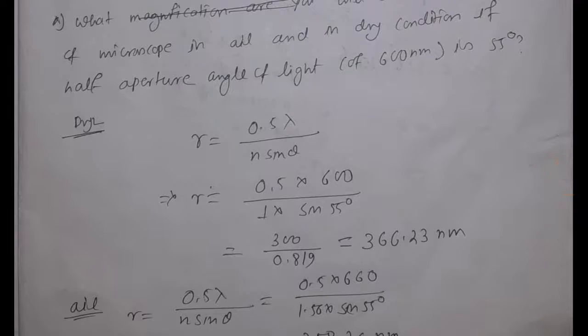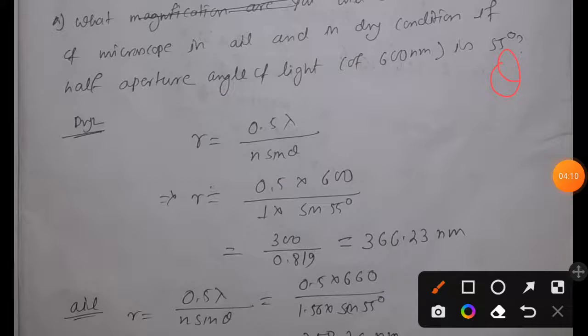And this is the aperture angle theta. According to the limit of resolution, 0.5 lambda by n sin theta. Here we are using n sin theta instead of numerical aperture, because they have mentioned theta.